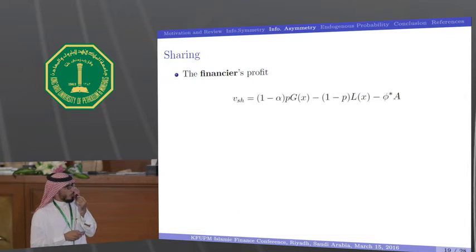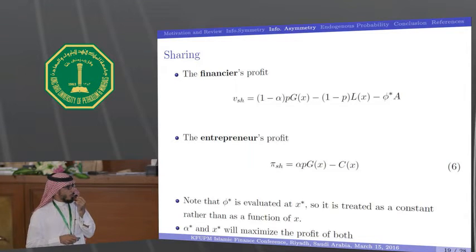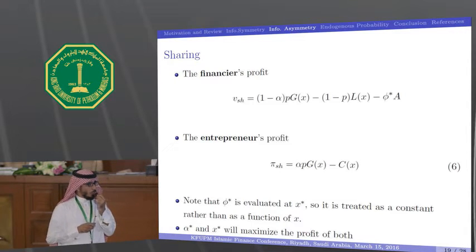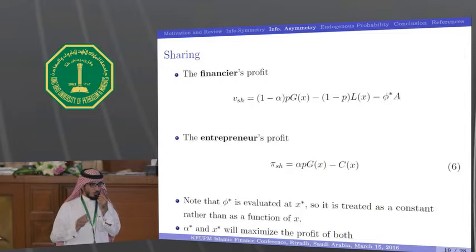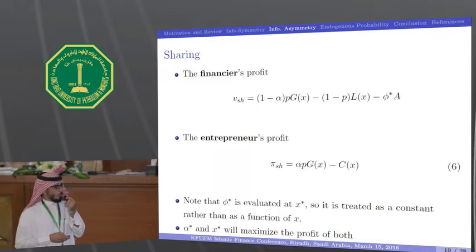Now under sharing, the financier's profit is this one. The entrepreneur's profit is also this one. The idea is that choosing the right sharing rule will again maximize both the profit of the financier and the profit of the entrepreneur, in the sense that the entrepreneur will exert the same effort as he would under the self-financing scheme.